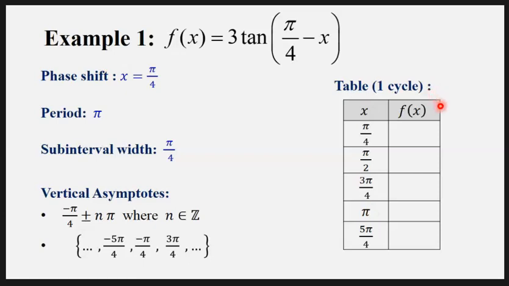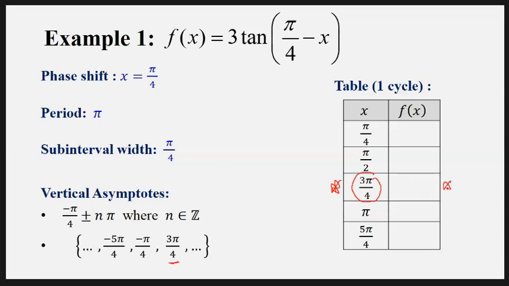Here I want you to be aware of how the values are inserted. First of all, I would like you to notice that the value 3π/4 is actually the vertical asymptote. By right, we shall not have any answer if we try to calculate this using a calculator.